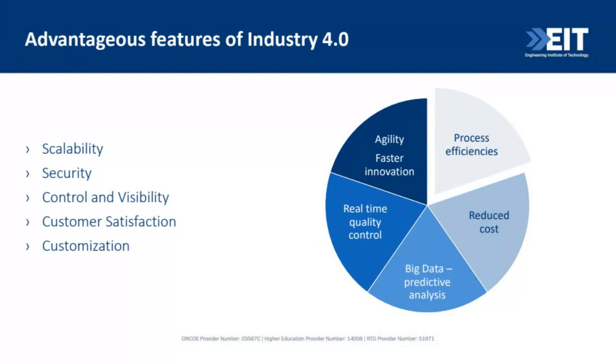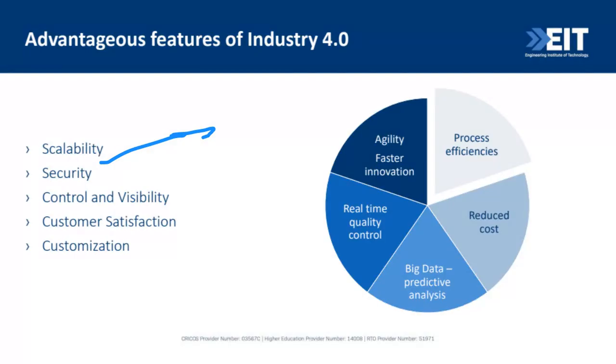Just to finish up on Industry 4.0 and hammer down the point of how beneficial it is for you, the different features of Industry 4.0 include scalability. Now you can scale your operations from a smaller batch to a larger batch, with faster turnaround, because you have a lot more machines on the operation floor, and you can make changes to them at different levels.